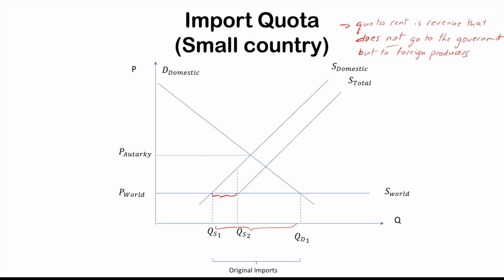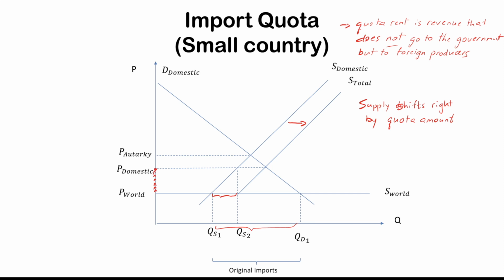What this does is it shifts the domestic supply to the right, which becomes now a total supply, and the difference between S domestic and S total is the amount of the quota. What happens now is that domestically, this world price is no longer the price. Price keeps going up, up, up until it reaches the new domestic price.